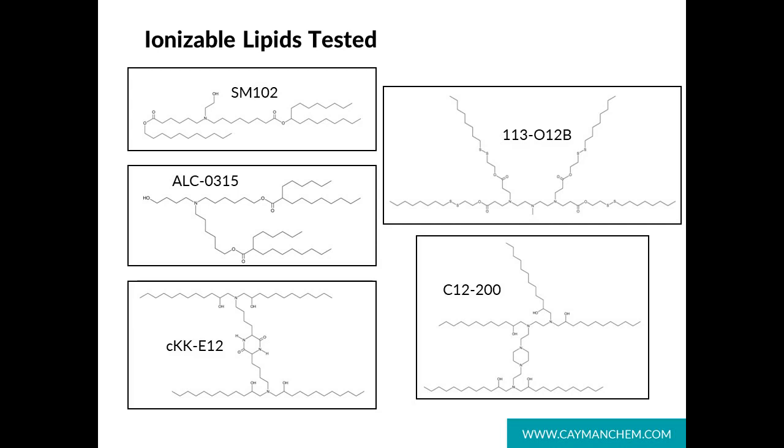So understanding the properties of LNPs generated using different ionizable lipids will be very important moving forward. For example, 113012B in the top right has been reported to target lymph nodes in mouse studies. CKK-E12 and C12-200, both on the bottom, have been reported to induce strong cargo expression in innate cells in the spleen.